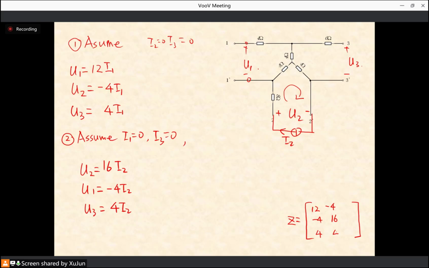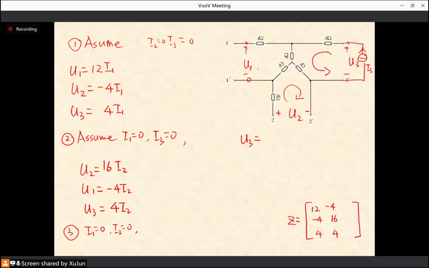And then step 3. Assume I1 is 0, I2 is 0, and then add I3 only. So U3 equals this loop, it will be 14 I3.